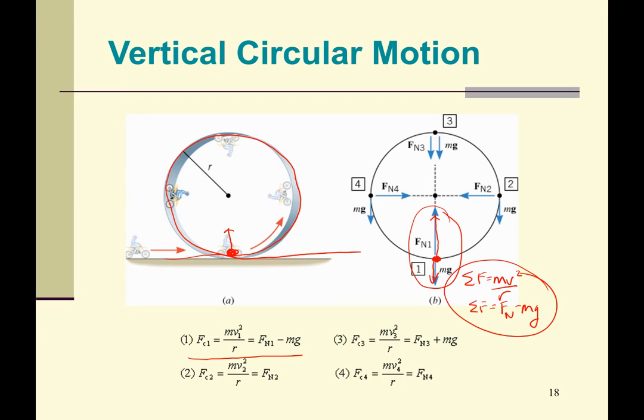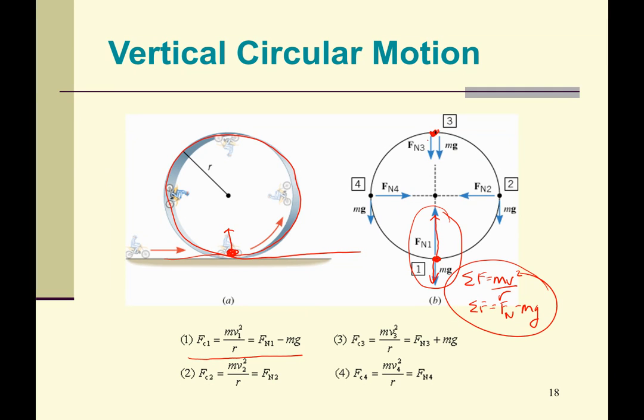Now, when you look at number 2, the centripetal force is just equal to the normal force pushing against the bike rider. So that's equal to mv squared divided by r. But what I like about this top value, you've got to think about it. When you're sitting in a roller coaster, what do you feel? You feel yourself being pushed into that seat, right? Because your body is resisting a change in motion due to Newton's first law.